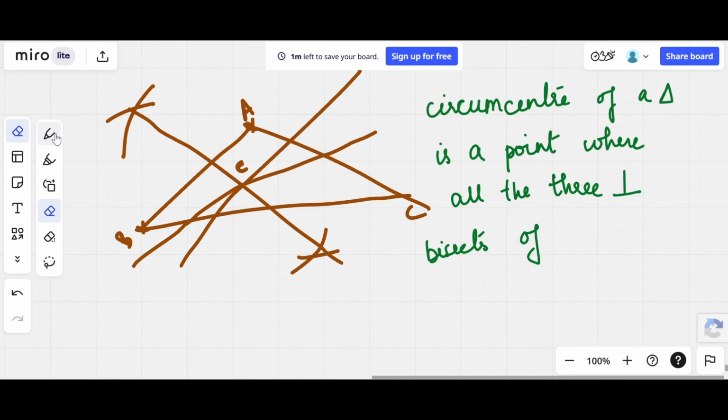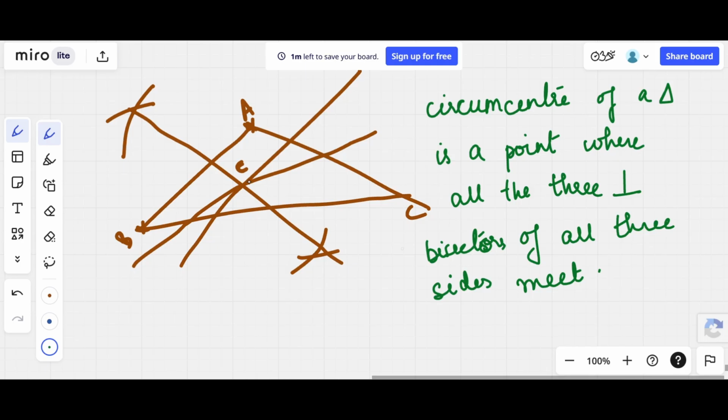Each side will not make sense. Of all three sides meet. The circumcenter of a triangle is a point where all the three perpendicular bisectors of all three sides meet.